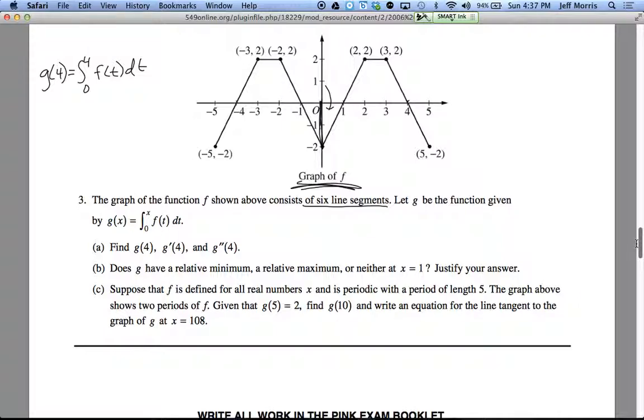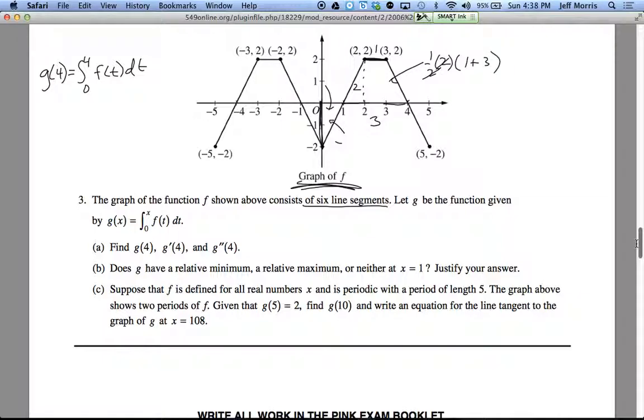So 0 to 4, we got this triangle here. What's the area of that guy? That area is -1. And then we've got all this area of this trapezoid. What's the area of this trapezoid? It's got a base of 1, a base of 3, and a height of 2. 1/2 the height, which is 2, times the sum of the bases, which is 1 plus 3.